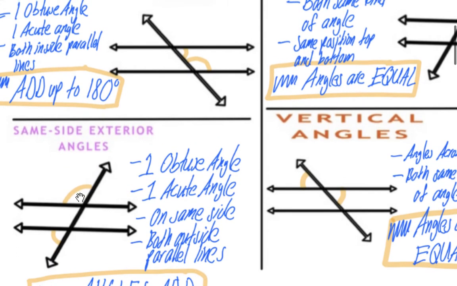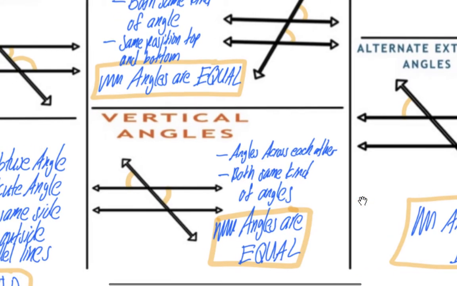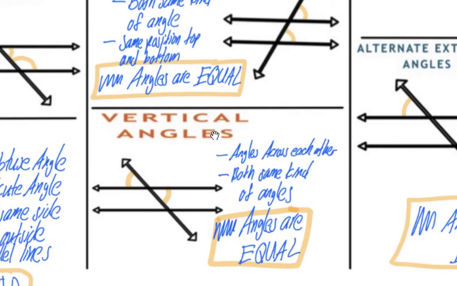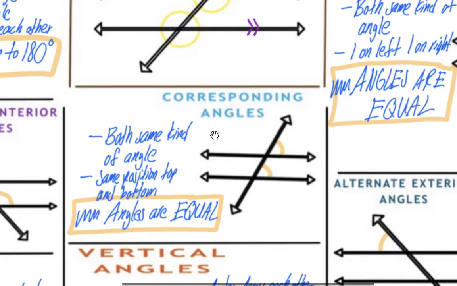This one, both are outside the parallel lines. All right. This one inside, one outside, but these are across from each other. And this, no, these for sure are not across from each other. Let's see. One inside, one outside of the parallel lines, and both on the same side of the transversal.